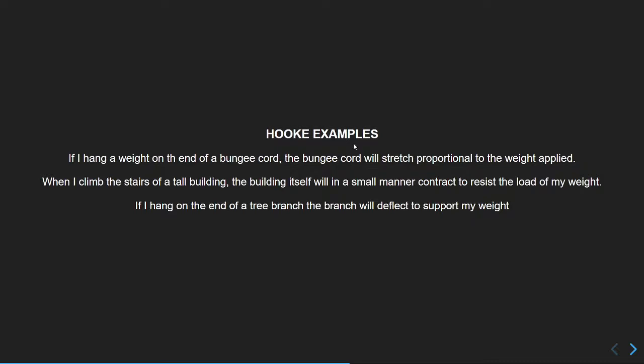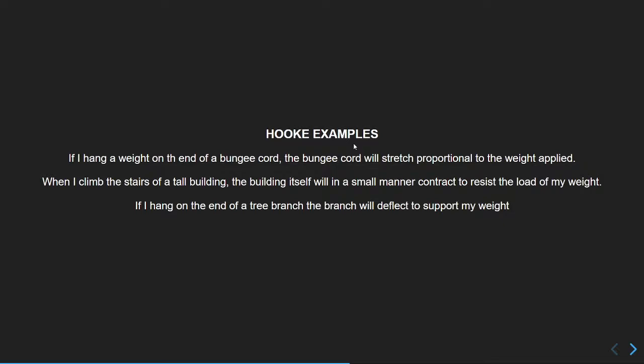The molecules in that object are being pulled apart, and they don't want to be pulled apart, so they basically resist that, and they pull back on each other, and that is the thing that is then pushing back on that force being applied.